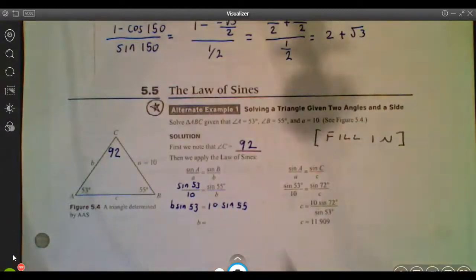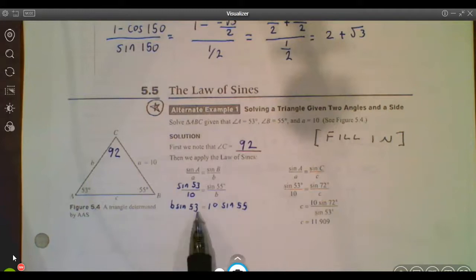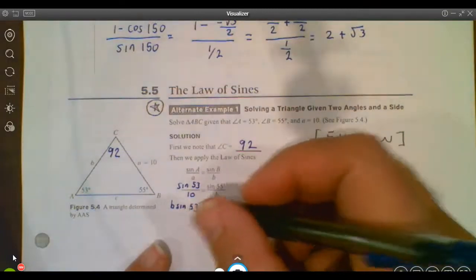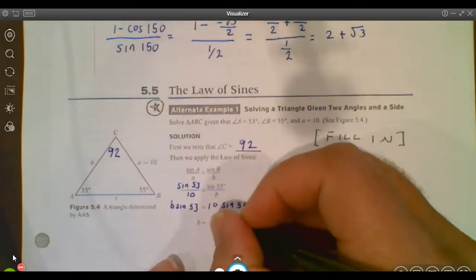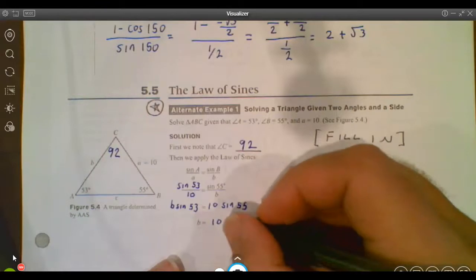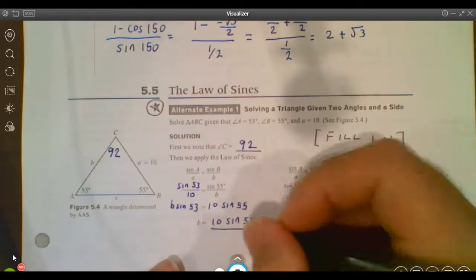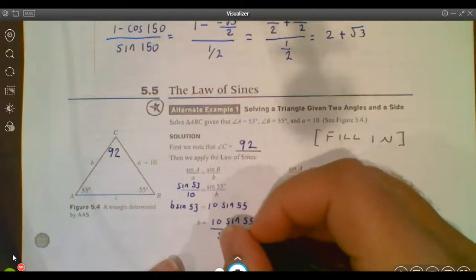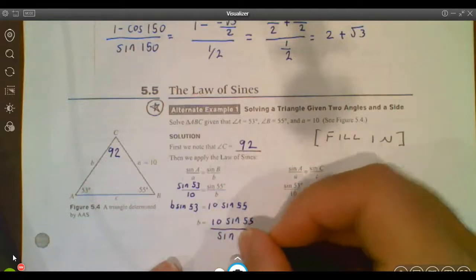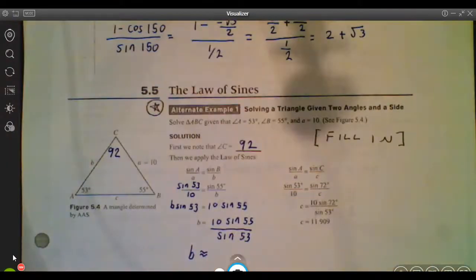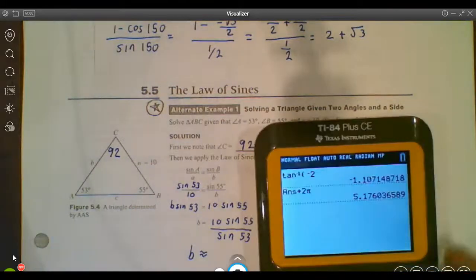And then the rest is going to be calculator. Obviously, I'm going to have to take my sine 53 and divide that over in order to get my answer here. So I'm going to say b equals 10 sine 55 over sine 53, because that's what's going to go into my calculator, and we'll get an approximate value for it. Let's punch that in.